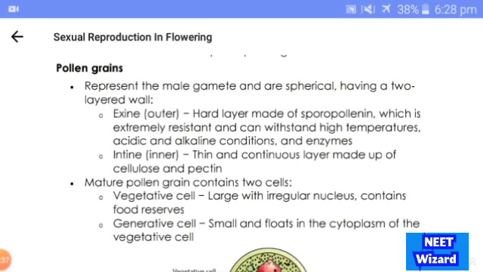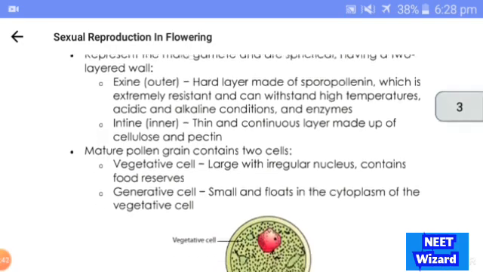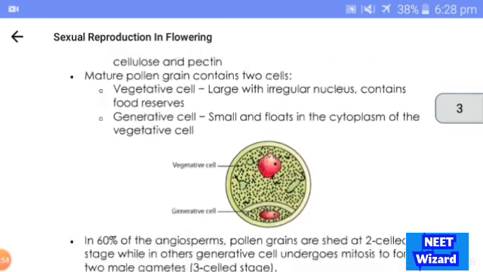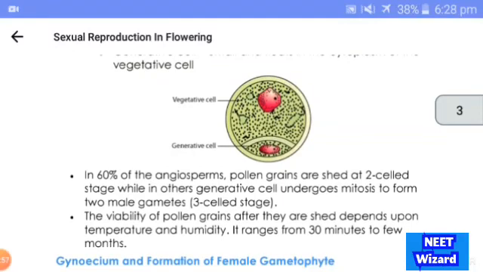A mature pollen grain contains two cells: the vegetative cell and the generative cell. The vegetative cell is large with an irregular nucleus and contains food reserves, and the generative cell is small and floats in the cytoplasm of the vegetative cell.